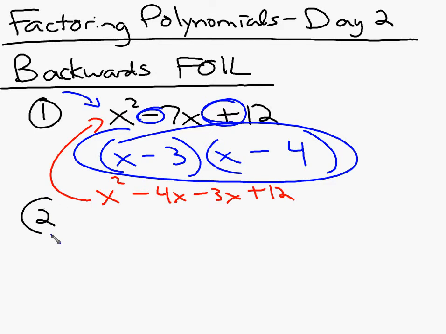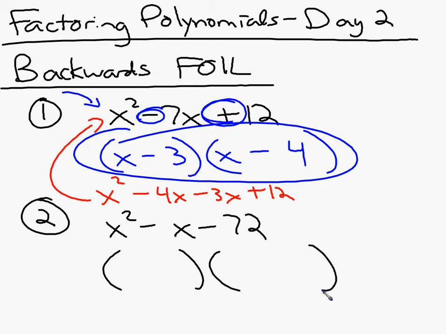Let's do another one of those. How about x squared minus x minus 72? Well, let's think of this. Go ahead and set up your parentheses. I would put x and x, since my leading coefficient is 1.